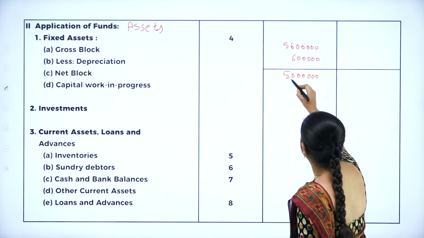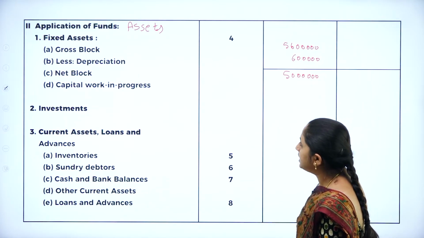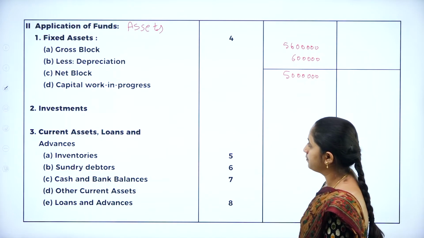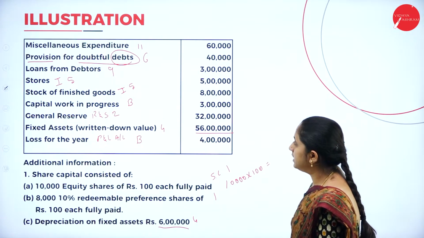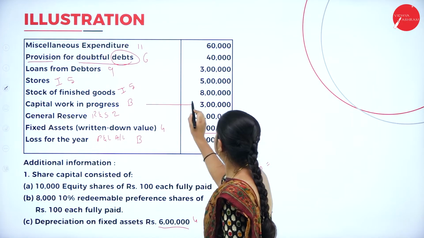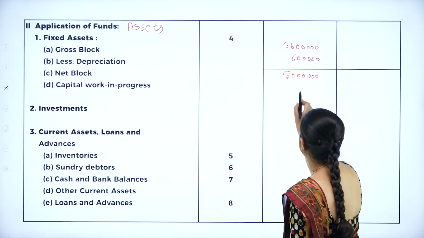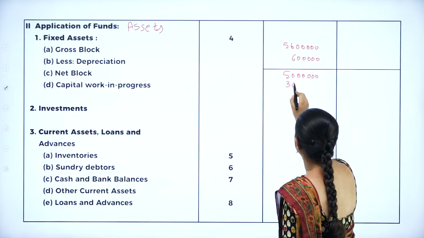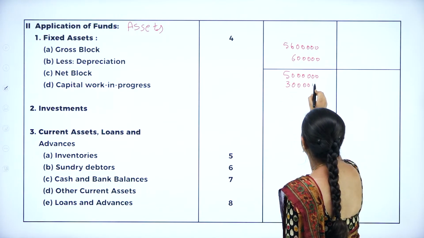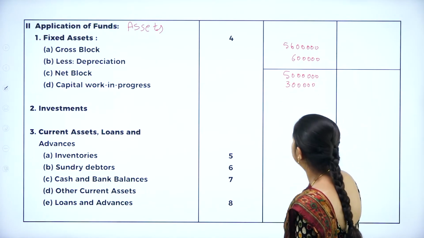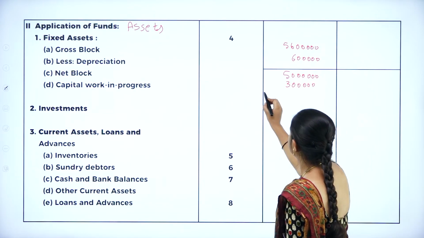So consider this 50 lakh, then capital work in progress. Capital work in progress is 3 lakh. So write 3 lakh directly in balance sheet. 50 lakh plus 3 lakh, 53 lakh.